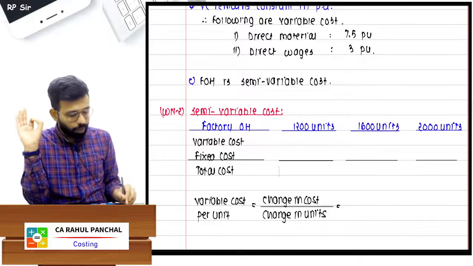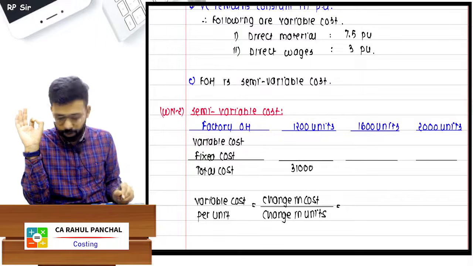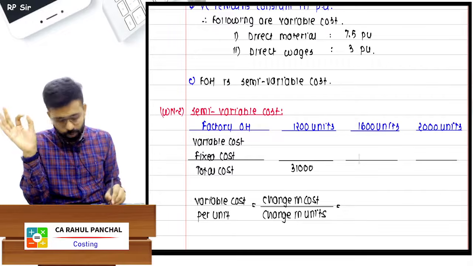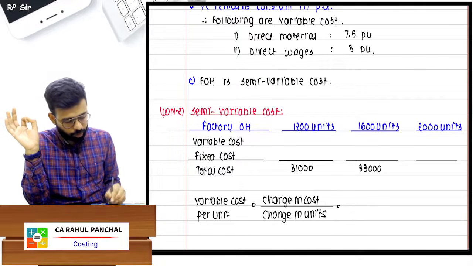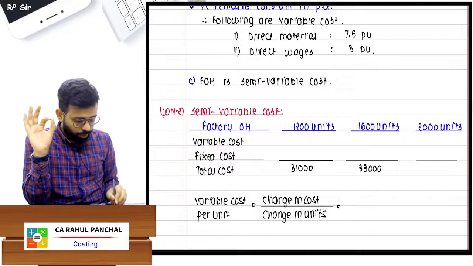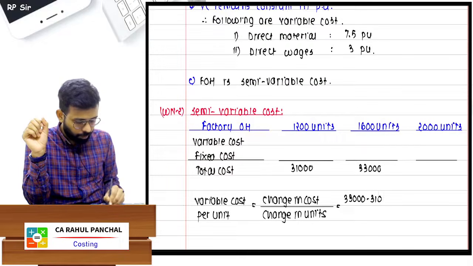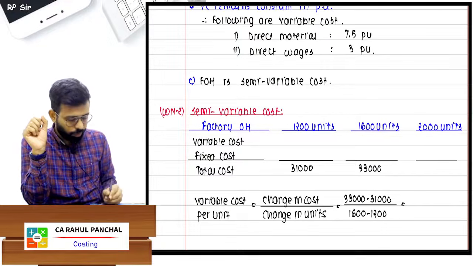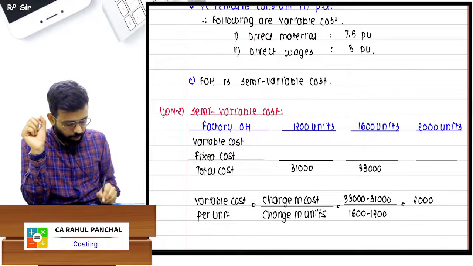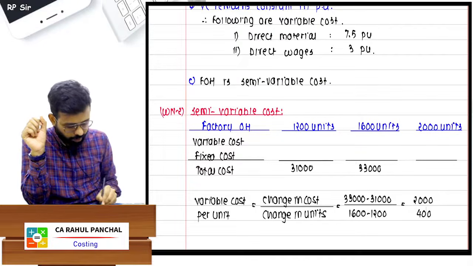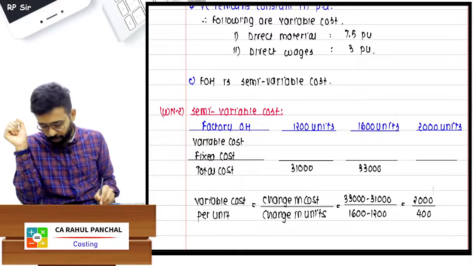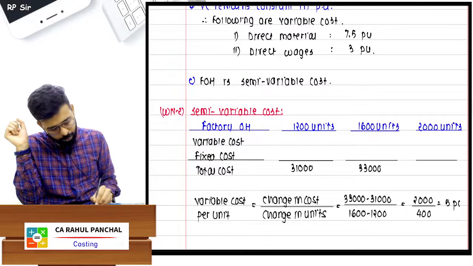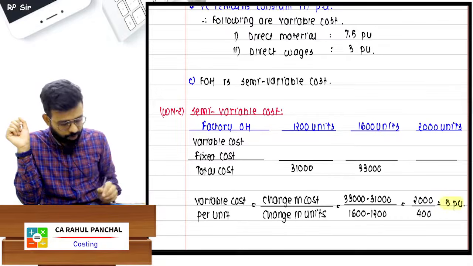When you are producing 1200 units, you incur 31,000 as factory overhead cost, and when you are producing 1600 units, you incur 33,000. So the cost has increased by 2000, which is 33,000 minus 31,000, and the units have increased by 400. The cost per unit will be 5 per unit. That is what we have got.